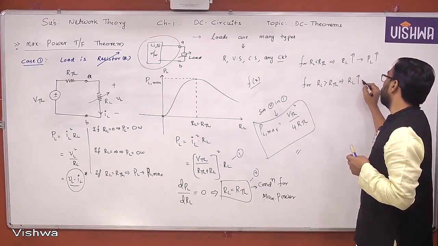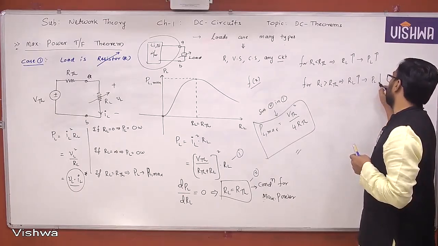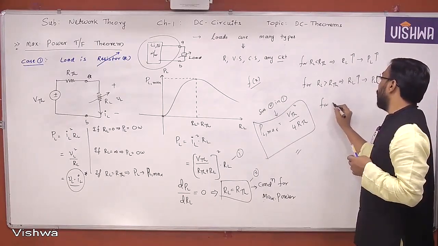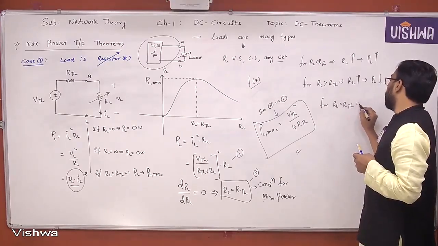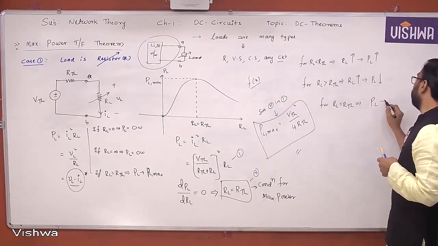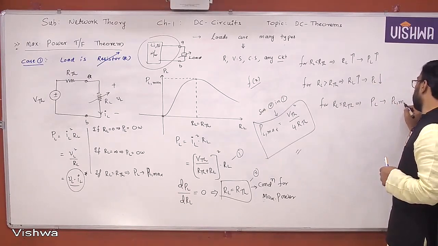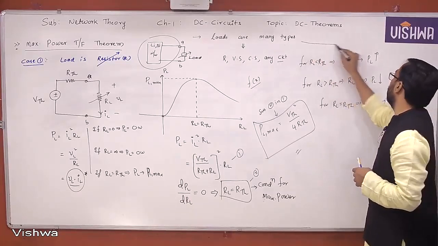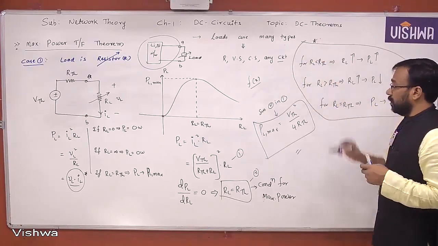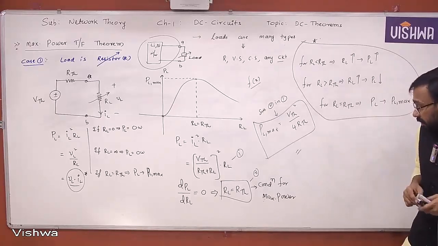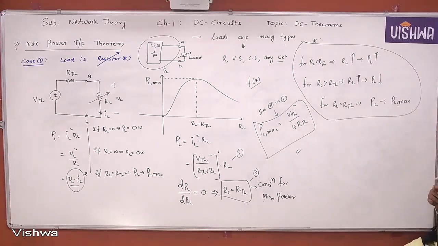When RL is increasing, PL is decreasing. For RL equal to RTH, what is happening? PL is becoming PL max. Yes or no? This is a very, very important observation. That's it. Please note down, all of you. I give you 2 minutes time here. Please note down.